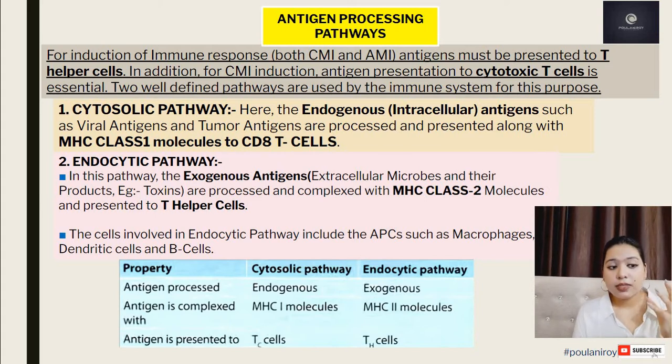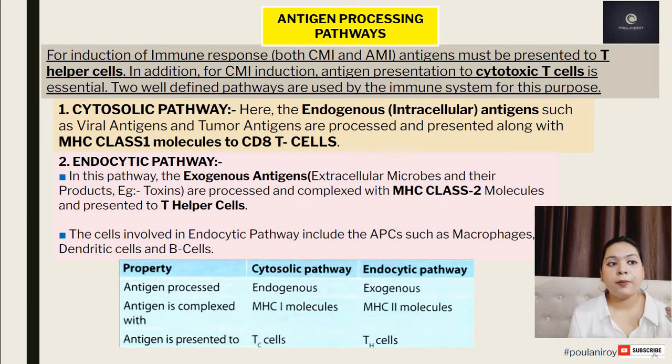Now the cells involved in the endocytic pathway include the APCs, such as your macrophages, dendritic cells, and the B cells. So from this you can have a clear picture in your mind. We will understand this in the table also.